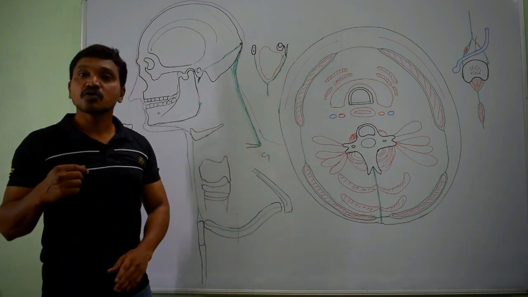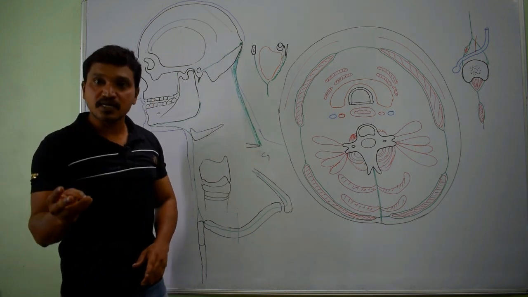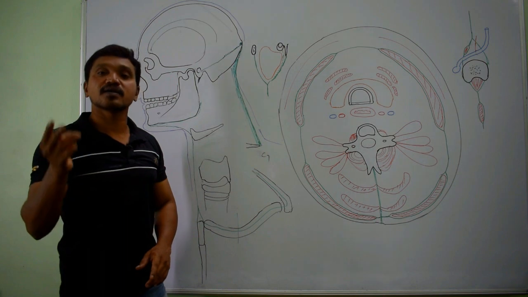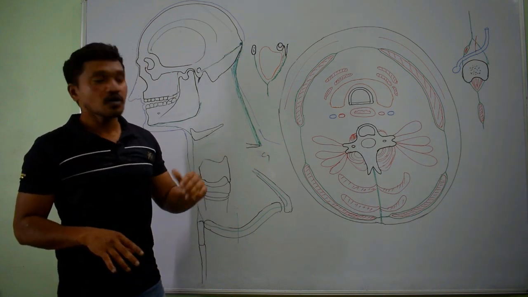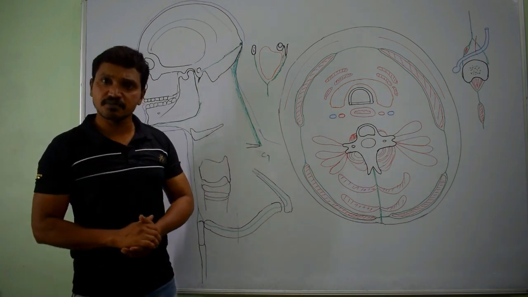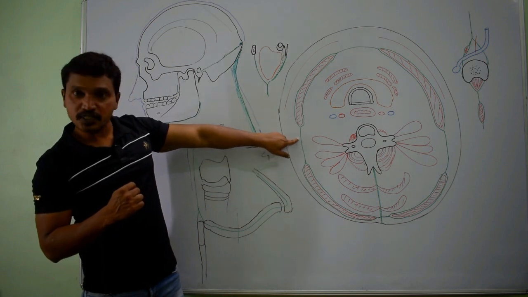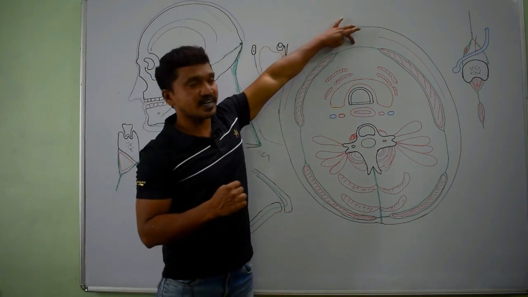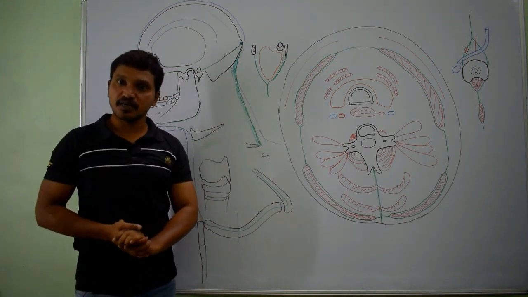It gives fascial slings for two muscles. What are those? Intermediate tendon of digastric muscle and intermediate tendon of omohyoid muscle. For these two tendons, fascial sling will be formed by the investing layer of deep cervical fascia only. It is forming the roof for the posterior triangle and roof for the anterior triangle, right? So this is about the investing layer of deep cervical fascia.